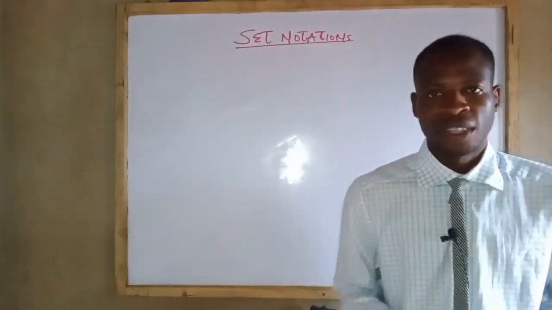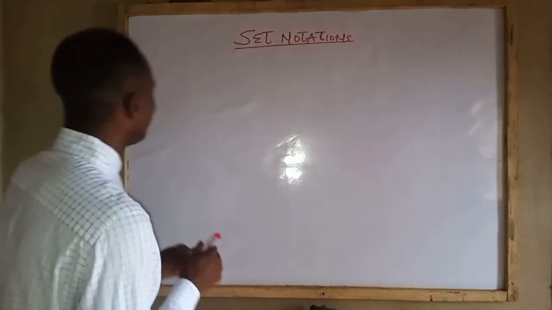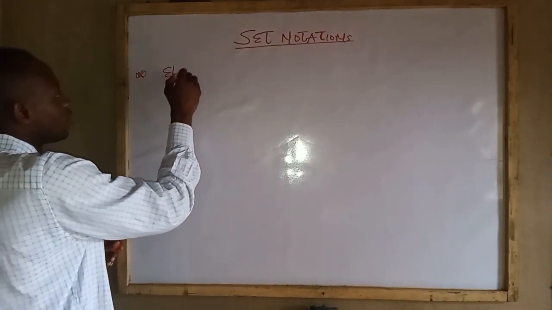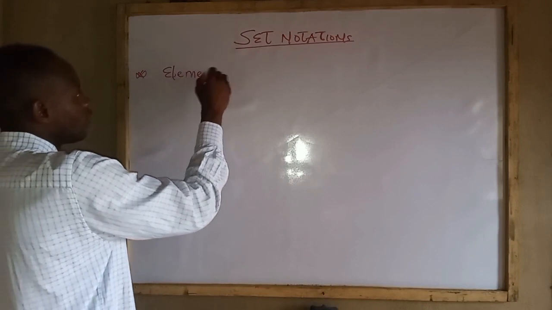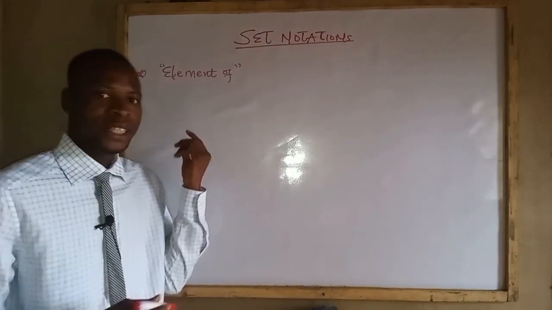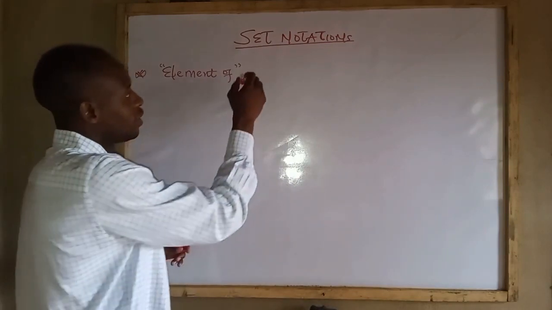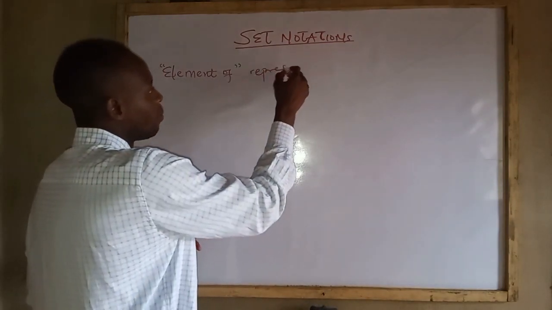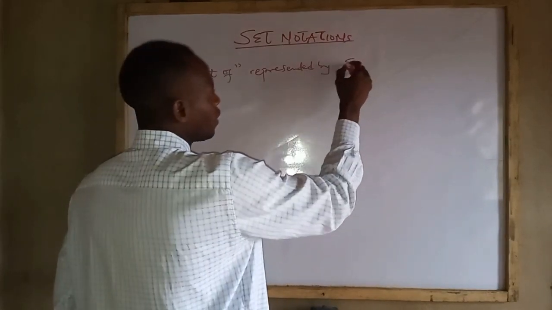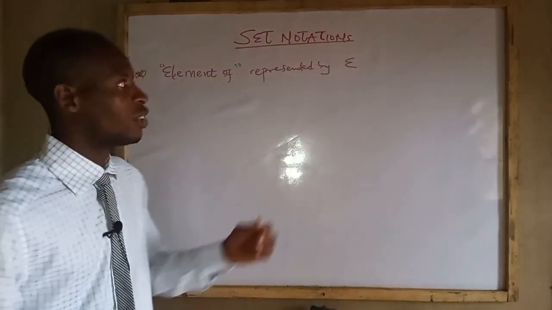So let's start. The first set notation to note here is simply known as element of. Element of is represented by this letter resembling what?